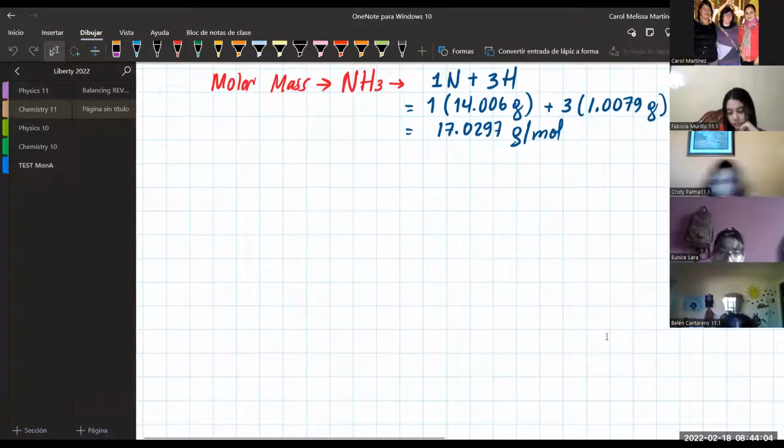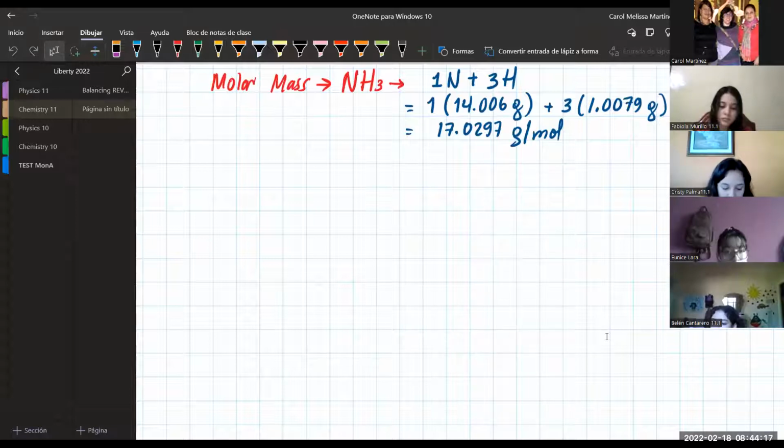How can we turn this into a fraction? Very simple. Imagine a fraction a over b. Whatever you have to the left represents the numerator.